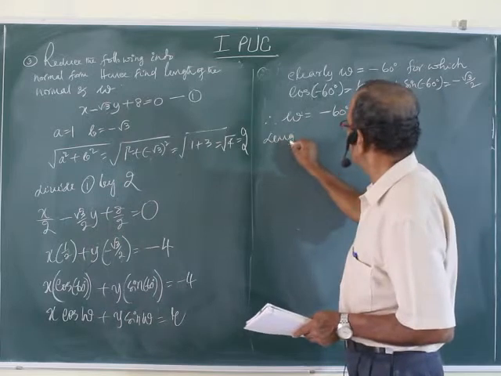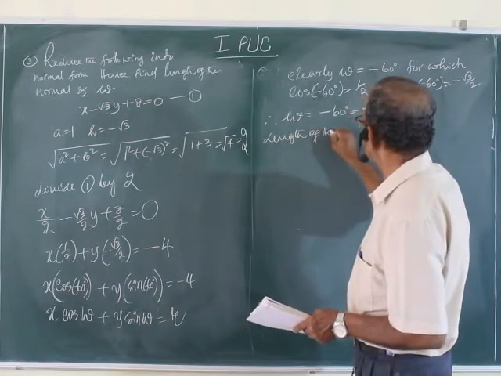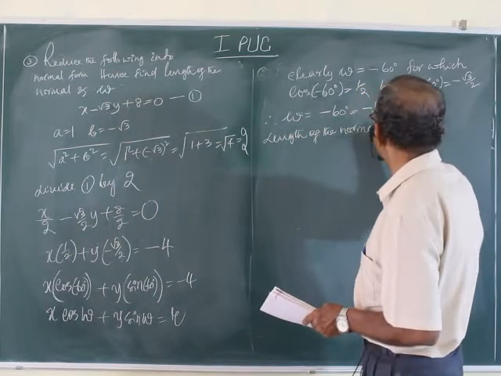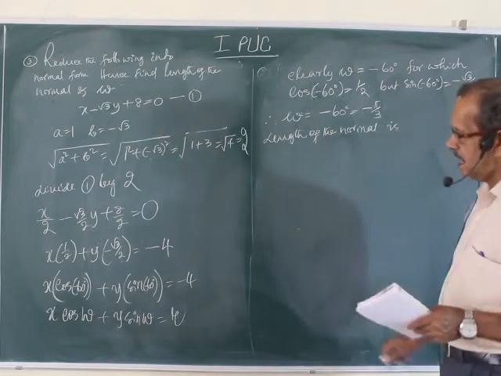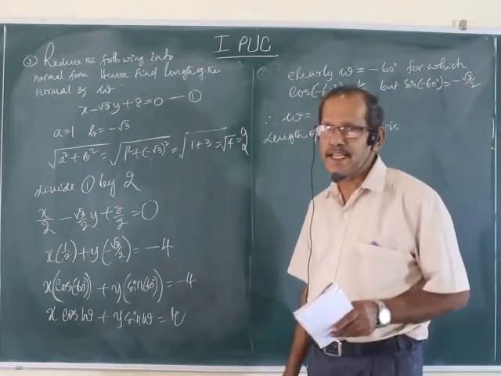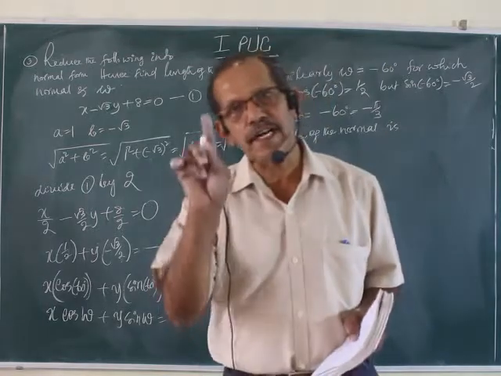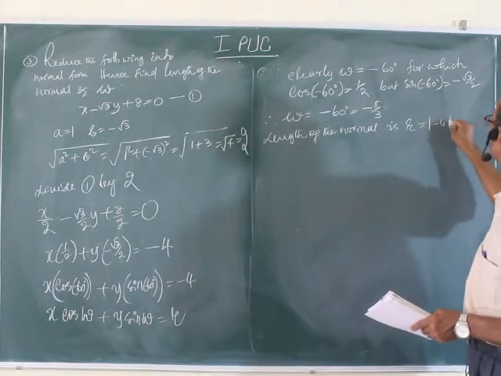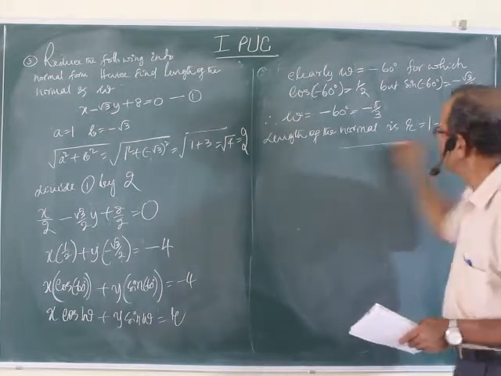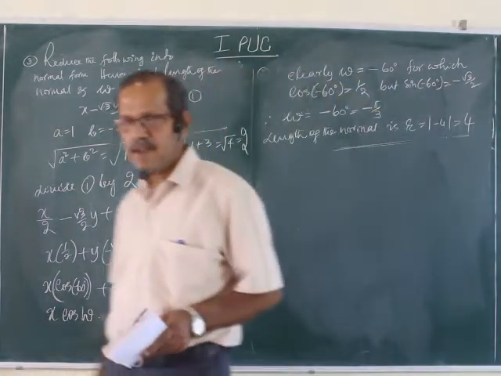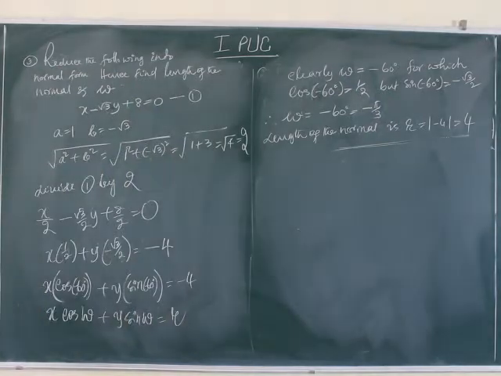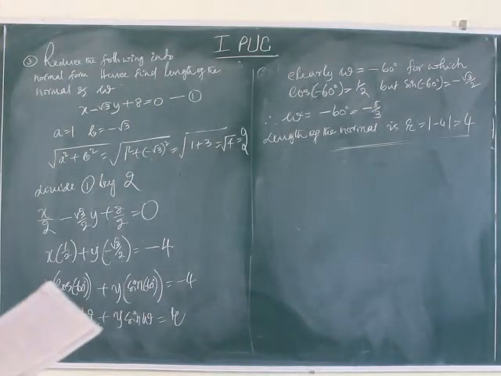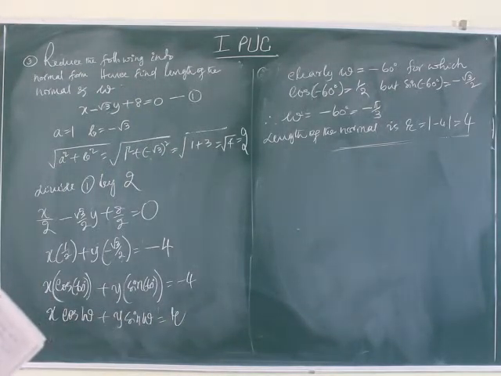Length of the normal is r. Don't write minus 4. Length cannot be negative, so you have to write only the positive. r equal to mod minus 4, which is 4. See it carefully.